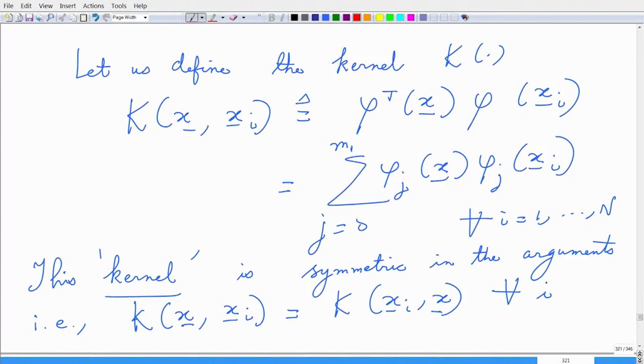Xi is a vector in the input space, and x is also another vector, and they are linked via this nonlinear transformation. Writing it compactly, this kernel is summation j equals 0 to m1 of phi j of x times phi j of xi, where the index j indicates the coordinates.